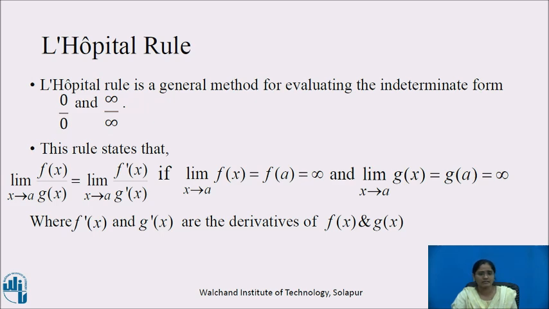This rule states that limit x tends to a f of x upon g of x is equal to limit x tends to a f dash of x upon g dash of x, if limit x tends to a f of x is equal to f of a, which gives you the limit infinity or 0, and limit x tends to a g of x is equal to g of a, which gives you the limit infinity or 0, where these functions f dash of x and g dash of x are the derivatives of f of x and g of x. Means whenever you find the indeterminate form, you need to just differentiate the numerator and the denominator separately to find the limit.